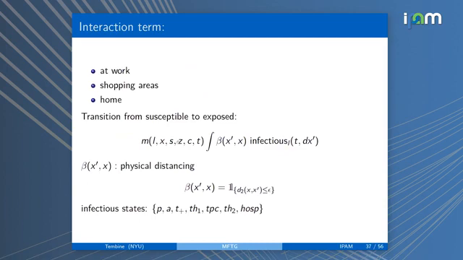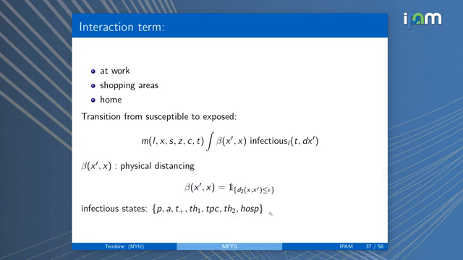And now the key thing is the interaction term, which is the probability of a susceptible person to meet somebody who is infectious. Because if you are not meeting people who are infectious, you are fine. So you consider the infectious. Here, infectious means the person has the virus but was not tested, or is really sick but not tested, or was tested positive at home, tested positive at point of care, or tested positive and at hotel, because some of them went to hotel, and hospitalized.